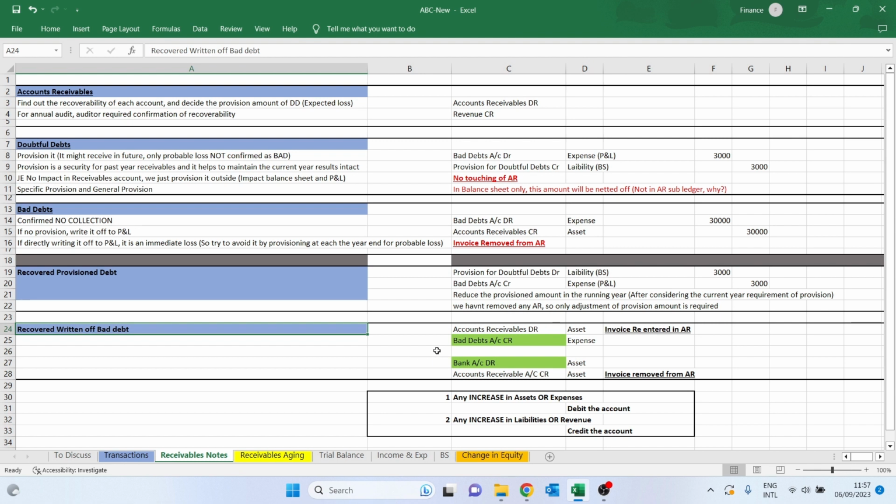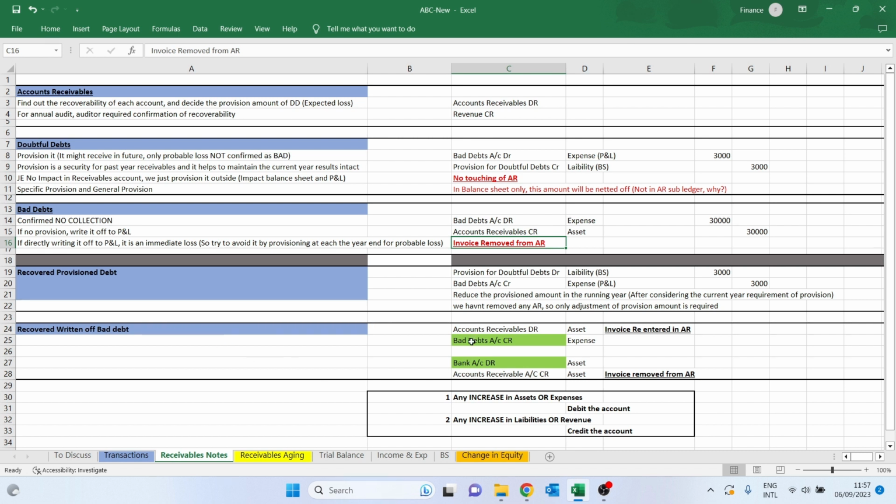It is already removed from our accounts receivable. While collecting this bad debt, it happens, right? Because if the lawyer contacts the customer and files a suit, most of the customers will pay.